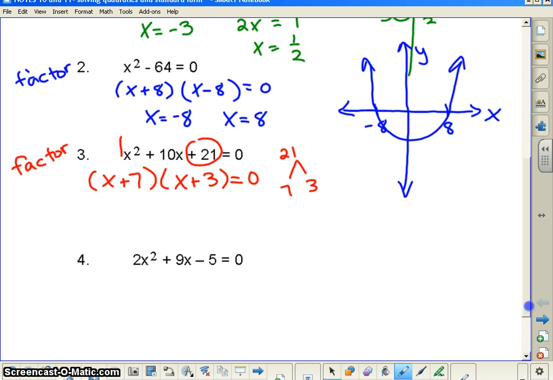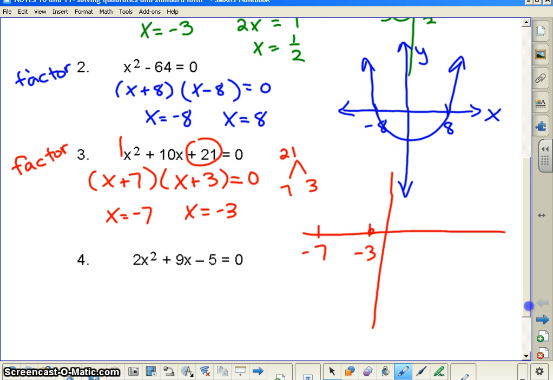That means x is going to be -7, and x plus 3, x is going to be -3. -7 plus 7 is 0, -3 plus 3 is 0.